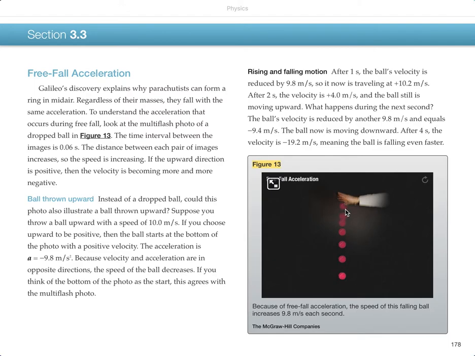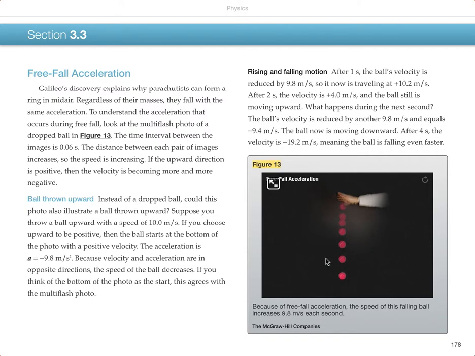You should be able to recognize now by looking at that that means it's speeding up. Well, clearly it's falling downwards, which means the velocity is down. And we just said that acceleration is 9.8 meters per second down. So when you drop something, the acceleration and velocity vectors are both in the same direction, and it speeds up.